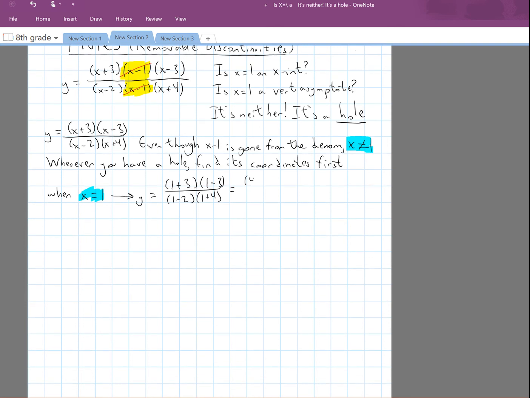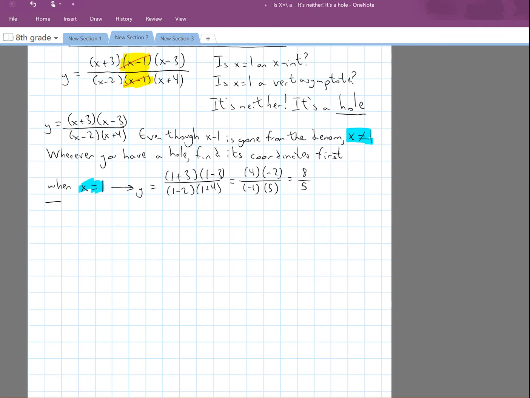I should get 4, -2, -1, 5. 8/5. Let me double check that. 4, -2 makes -8 over 5. All right, great. So what this means is hole at 1, 8/5.